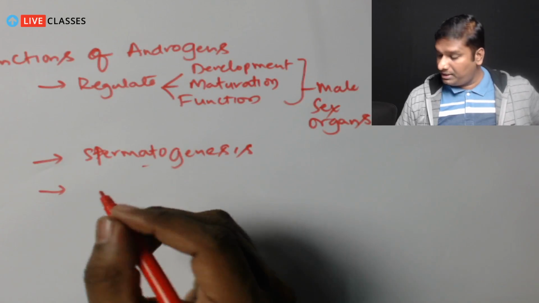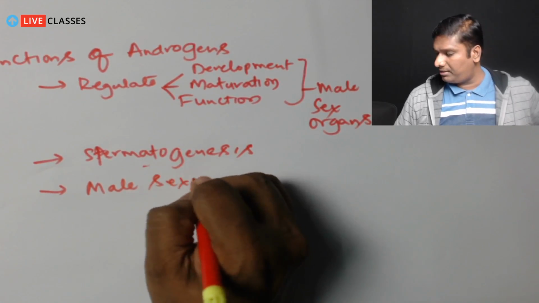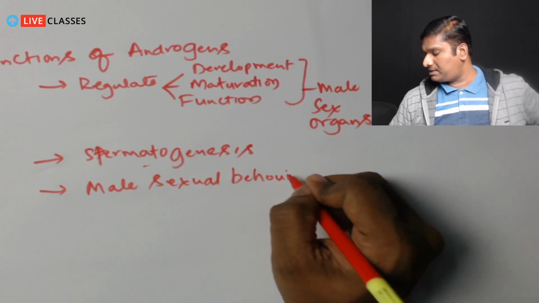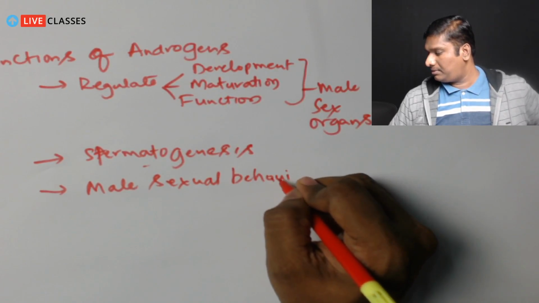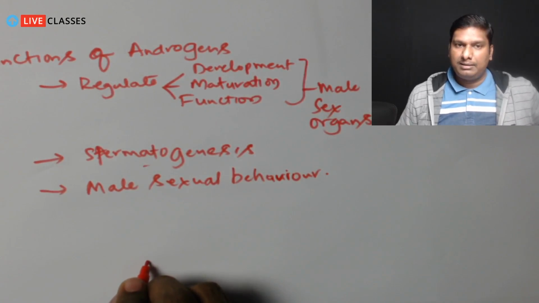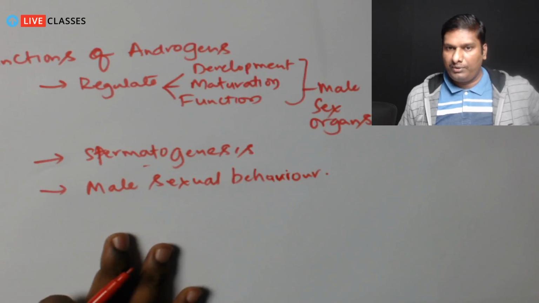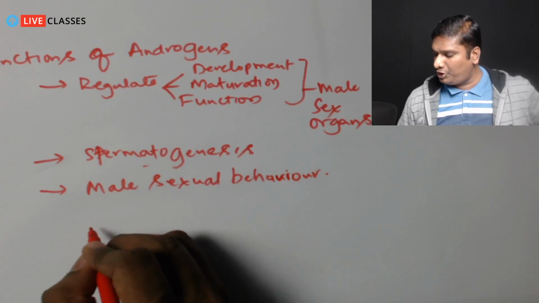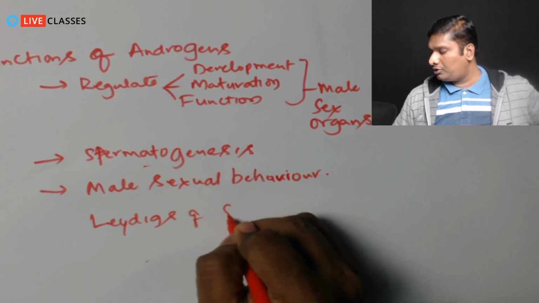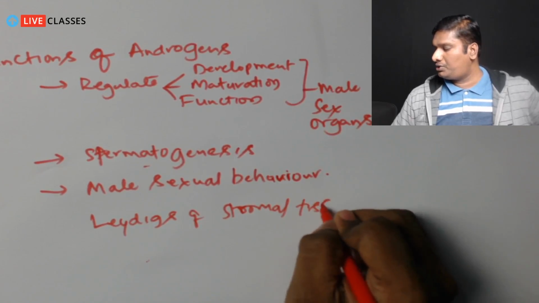The other function is that they regulate male sexual behavior, which is controlled by these androgens. These are the various functions of the androgens produced by the Leydig cells of the stromal tissue in the testis.